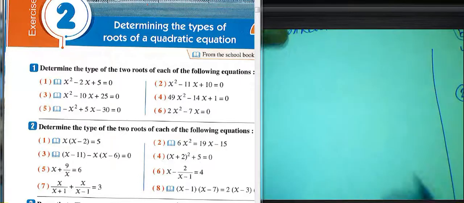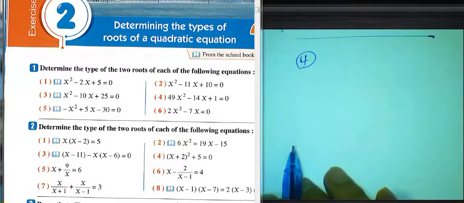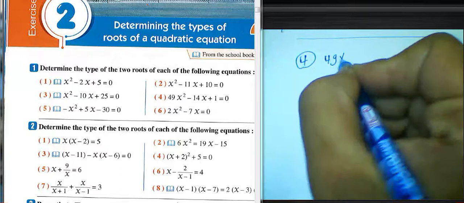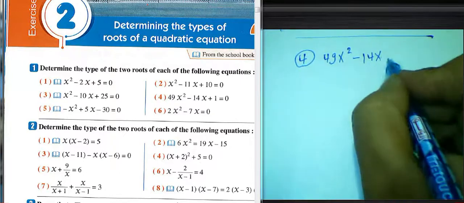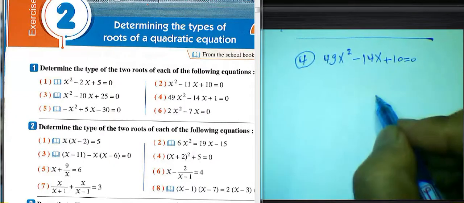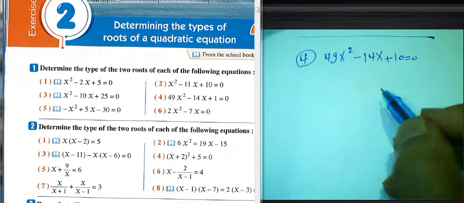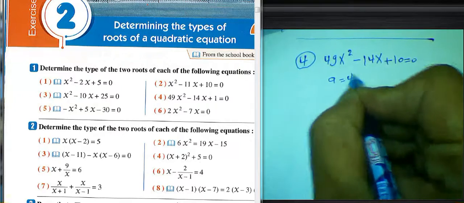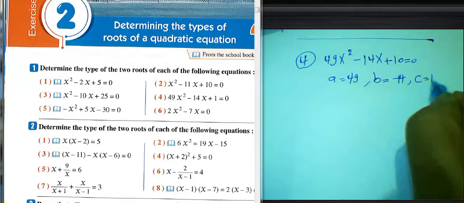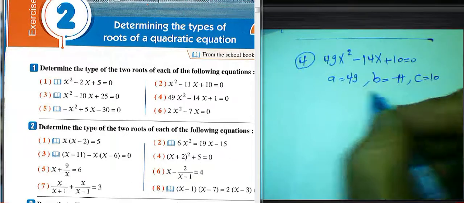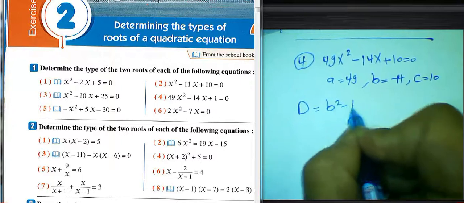Question number 4. x power 2 subtract 14x plus 1 equals 0. We want to determine the type of two roots. First, we will write a equals 49, b equals negative 14, and c equals 10. So the discriminant equals b power 2 subtract 4ac.